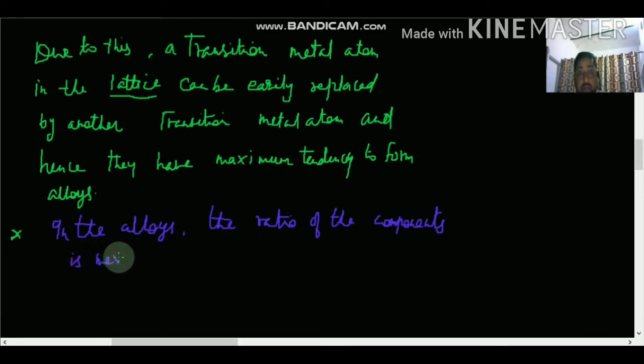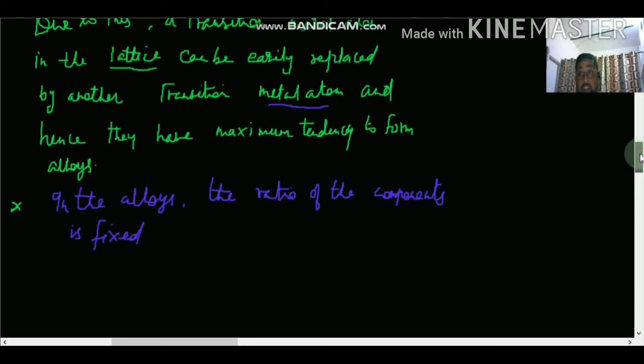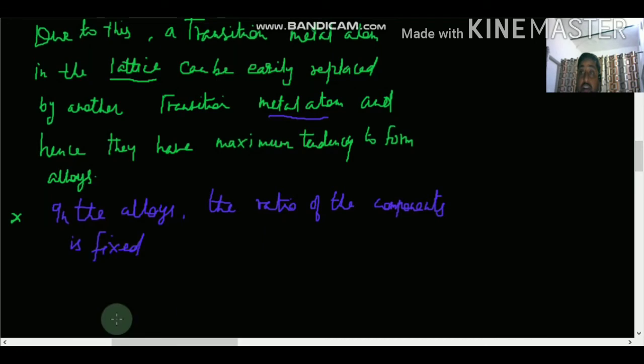One more thing I would like to say is that the composition is fixed. Apart from metal atoms, there can be some non-metal as well. One of that is carbon. Even carbon is a constituent of various metals, especially steel. So we'll see some examples later on.